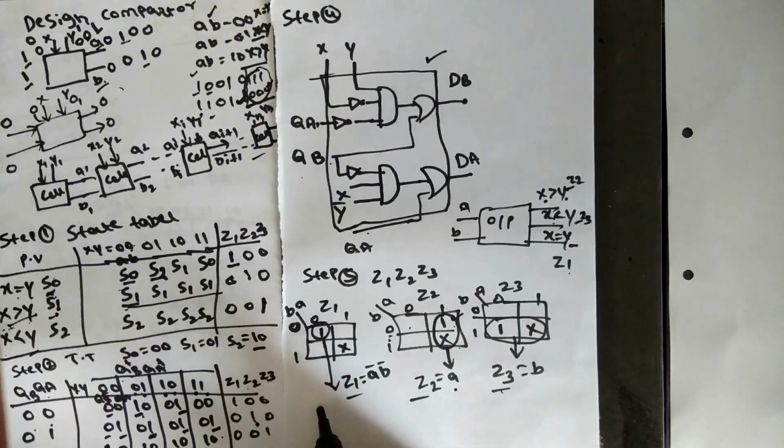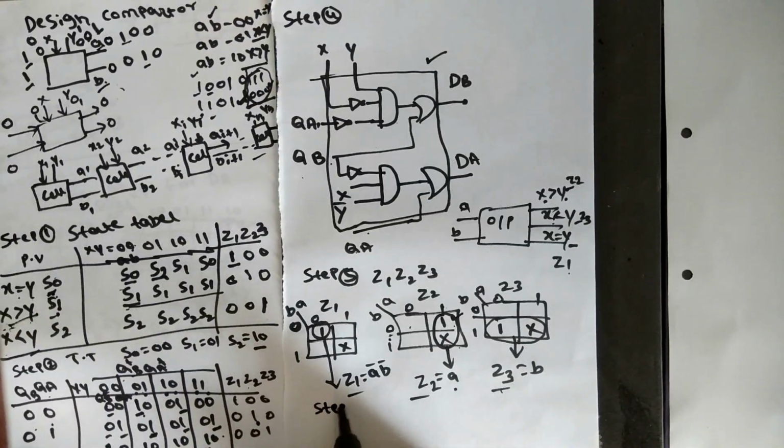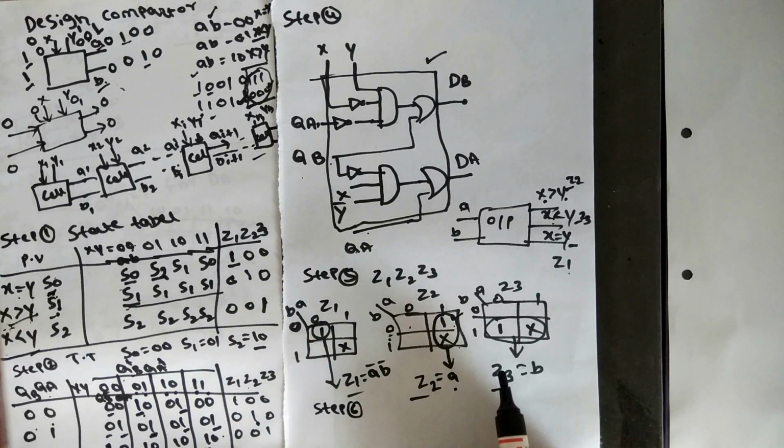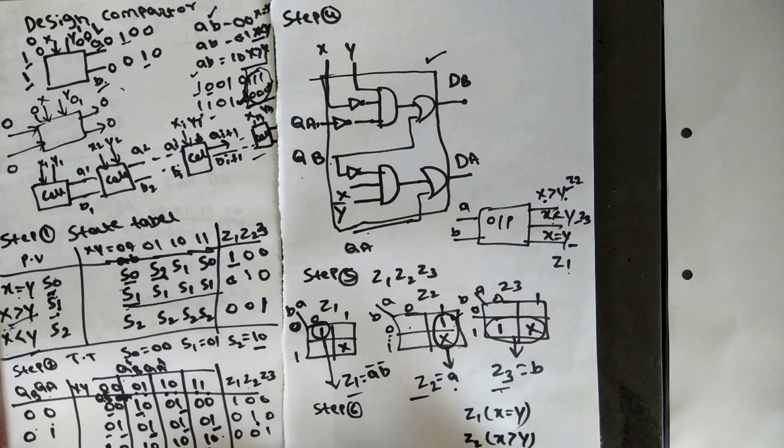Now go for step 6. In step 6, we have to draw the diagram for these values. First I will take Z1, which is nothing but X equal to Y. Then Z2, I am taking X greater than Y, and the last one Z3, X less than Y. So Z1 is nothing but A bar, B bar.